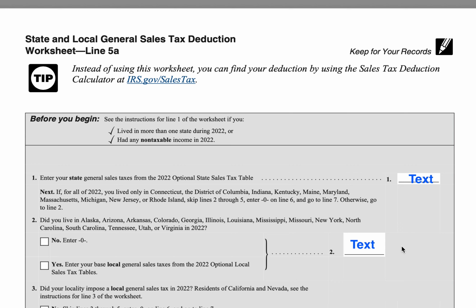If you lived in, let's say, Texas for half of the year and Florida for the other half, you would indicate 182 or 183 days for Texas, which is approximately one half, and then the rest of the days for Florida. Then you would combine those amounts.